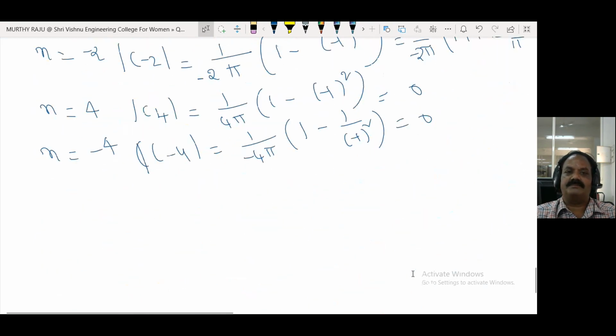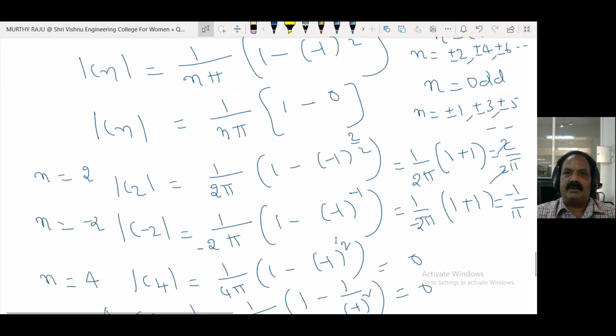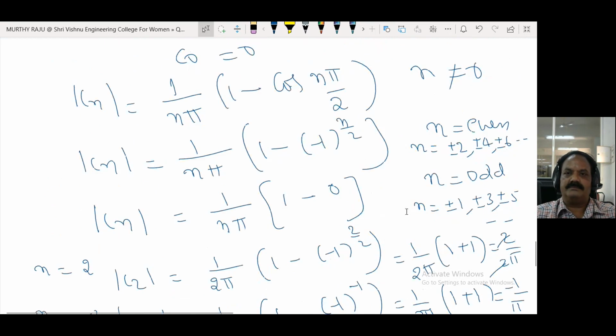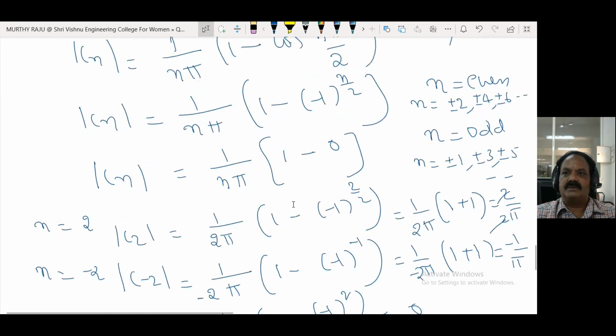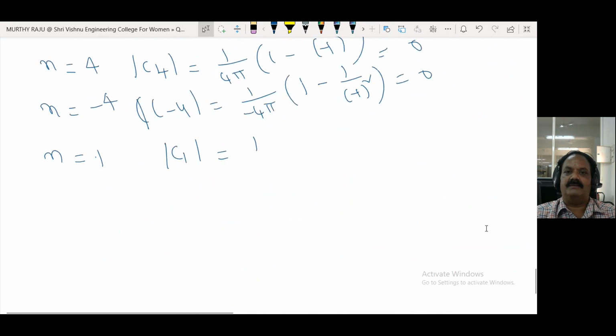For odd values, n is equal to 1. Mod C1 is 1 by n pi, that is equal to 1 by pi.